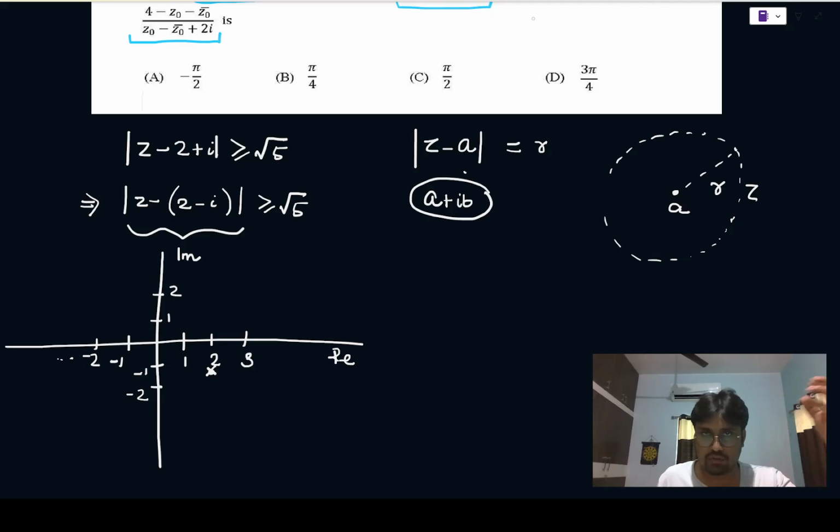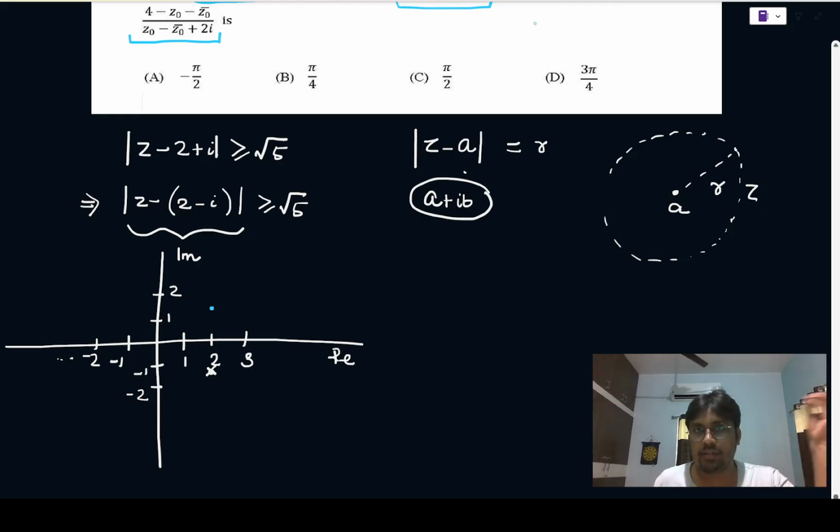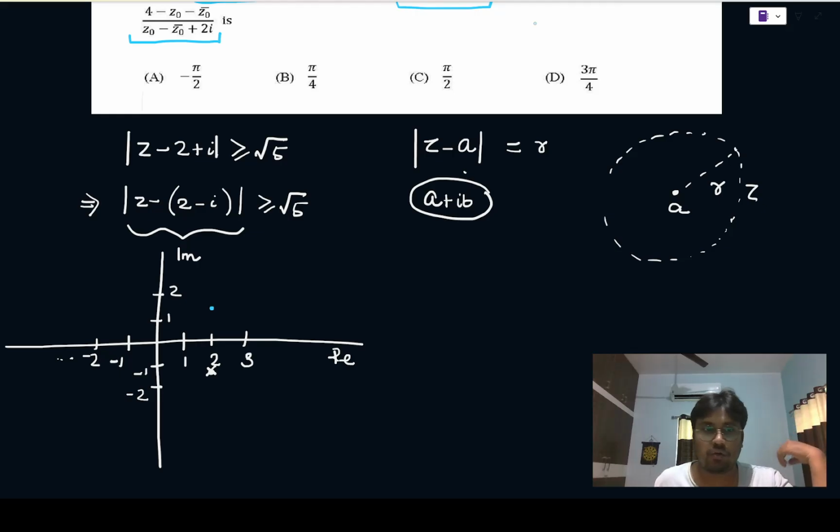So if I try to sketch the circle here, it will be at a distance of square root of 5. Let me pick a different color at this point so that everything is clear. Square root of 5 is slightly more than 2 because square root of 4 is 2. So this is 1 unit distance, this is 2 unit distance. So it will be something slightly above here. Of course, when you are sketching something, it's always a good idea to look at the 4 directions and try to sketch accordingly.